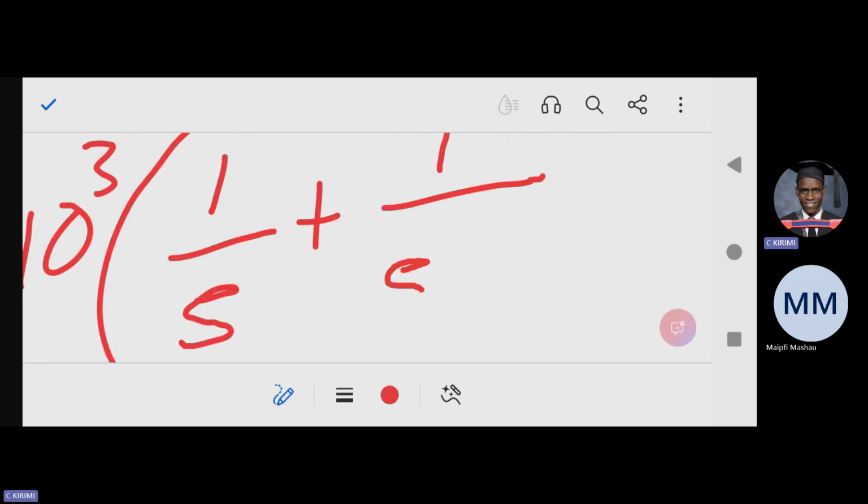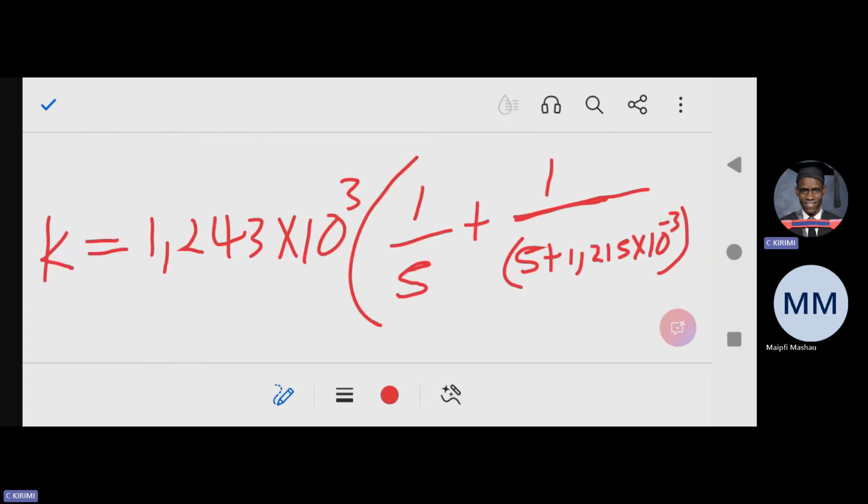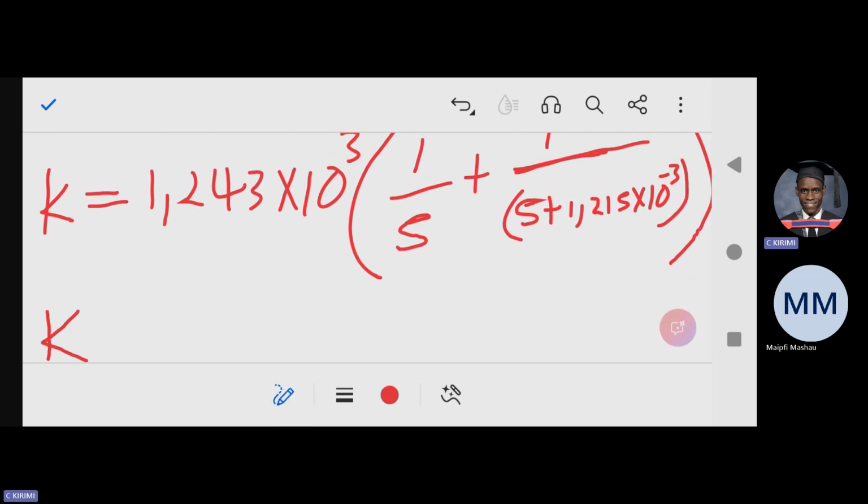You just say 5 plus 1.215 times 10 to the power negative 3, and this is being divided with the denominator. Then you have a big bracket closing everything. Then what do you get as your energy, final answer? And remember, this is in electron volts.